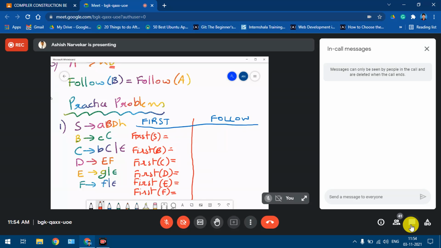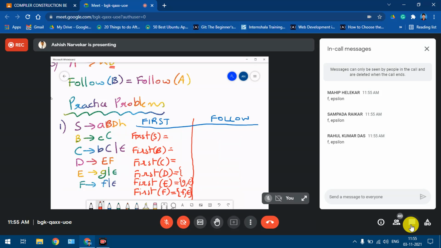Okay, so starting from the last one, what is the first of F? First of F is F and epsilon. Then first of E is G comma epsilon. Then first of D is... what is first of D?